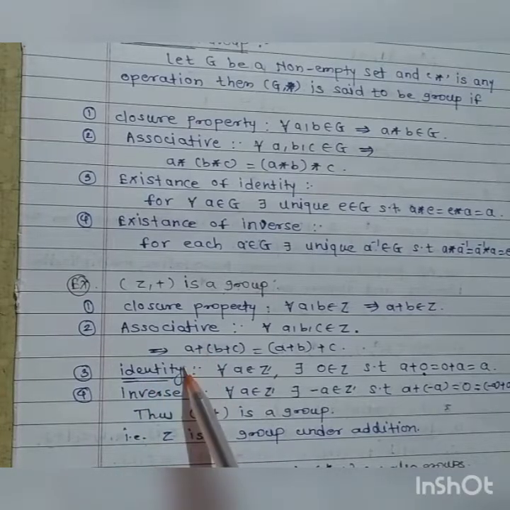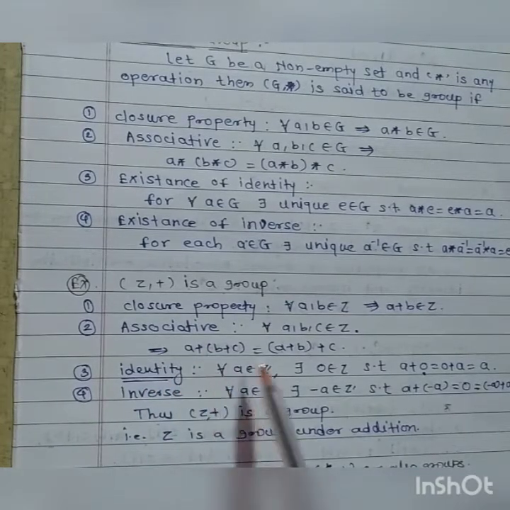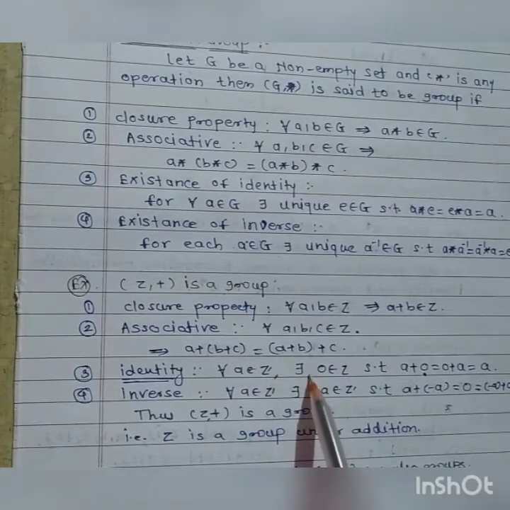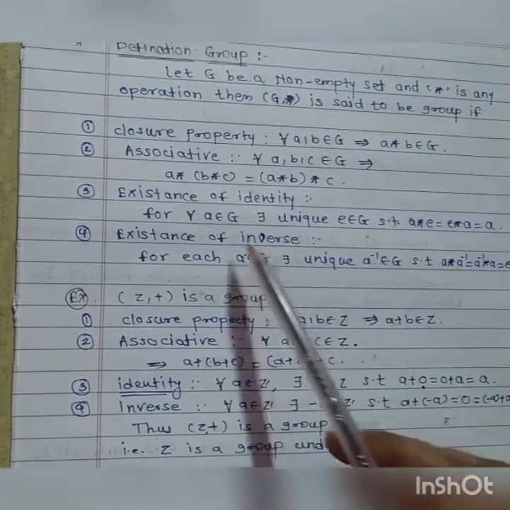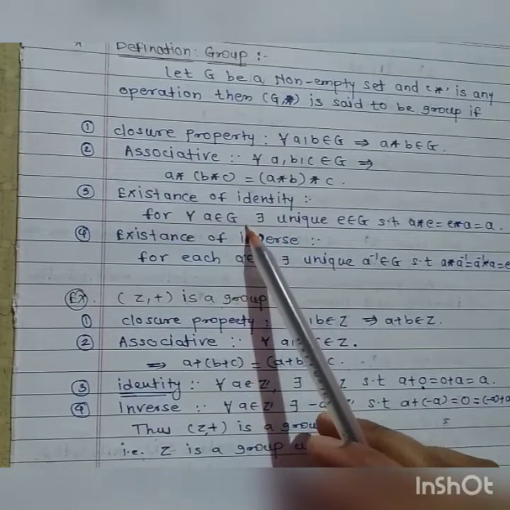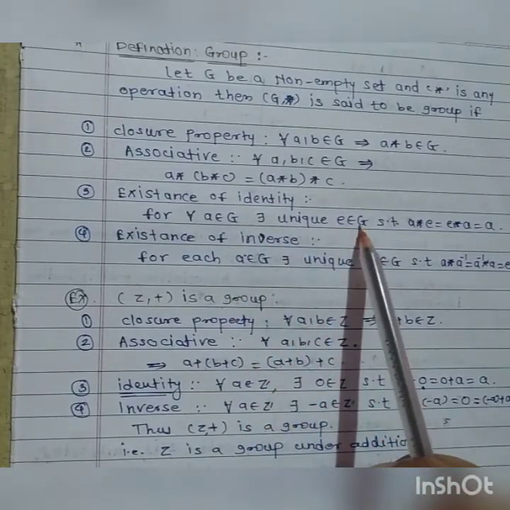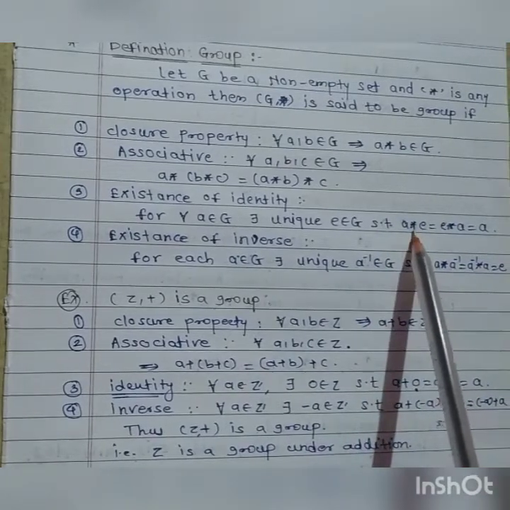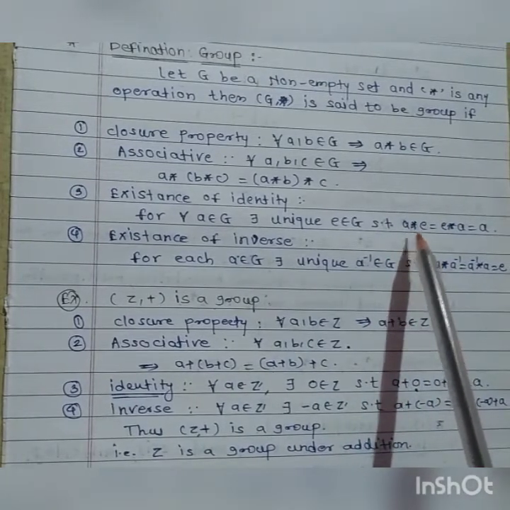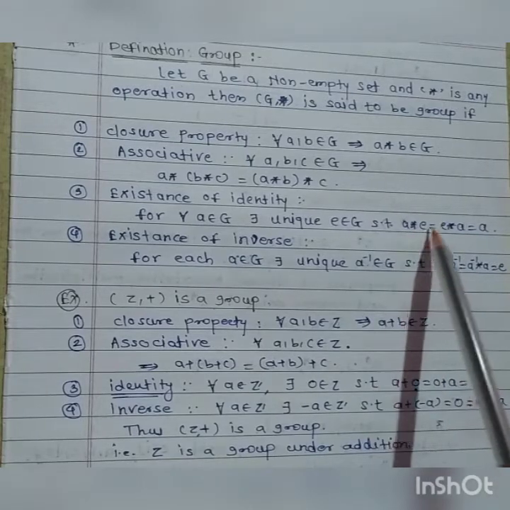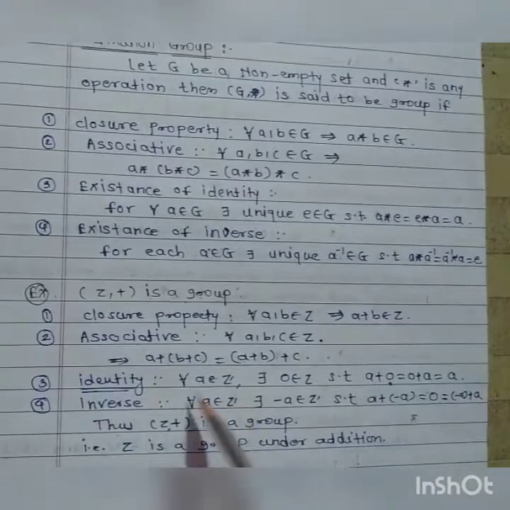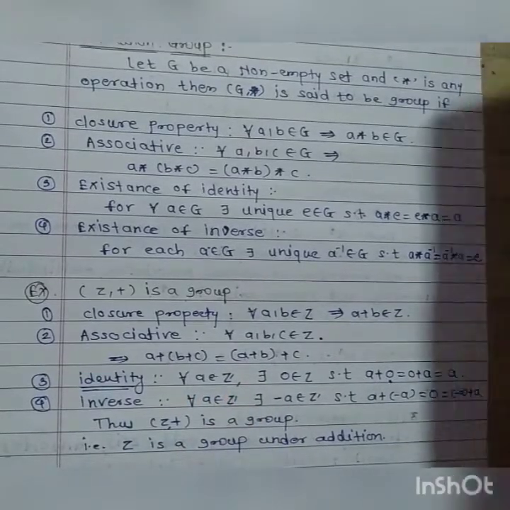Then the third property is identity. In identity, for any element a belongs to G, there exists a unique e belongs to G such that, under the binary operation star, the operation of any element with that identity is equal to the element itself. Now, in Z, which element should be taken?